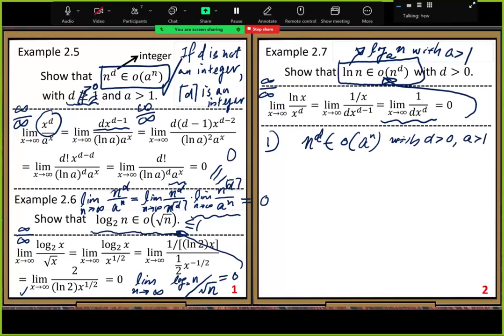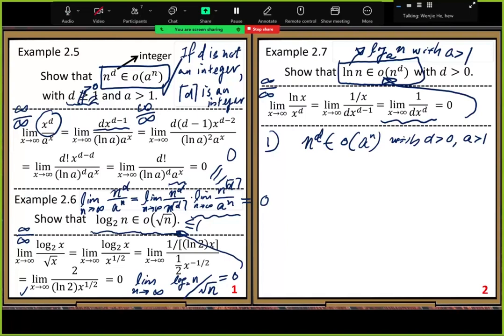So this result. Because for this d we can use different numbers, as long as it's positive, and for a we can use different numbers, as long as a is greater than 1.